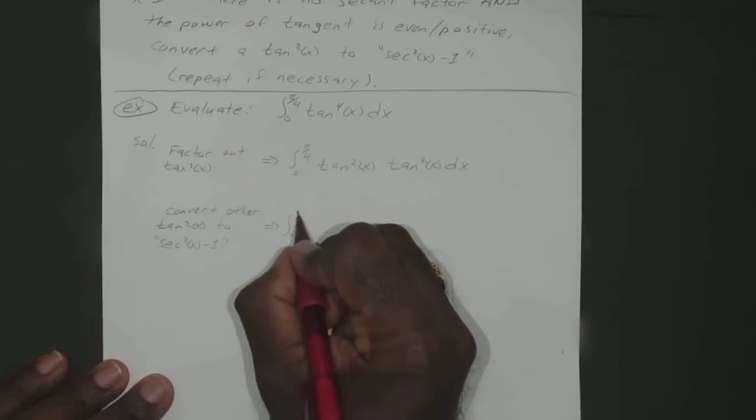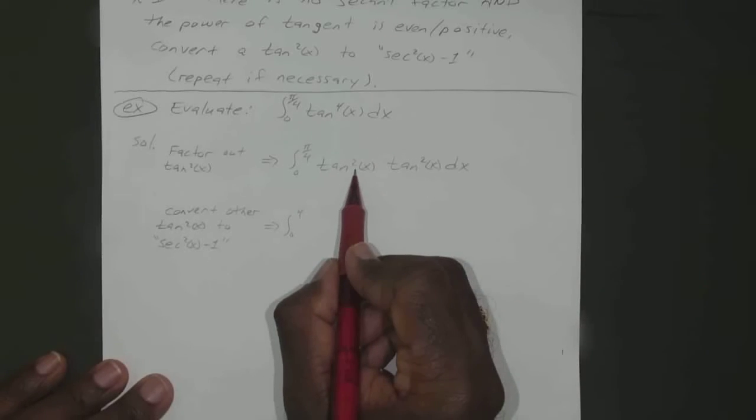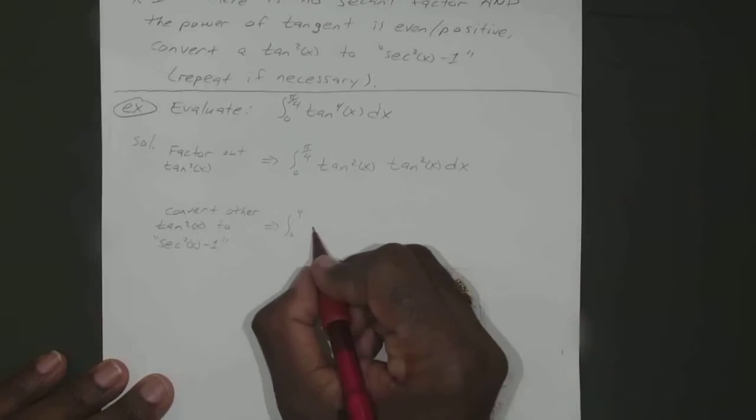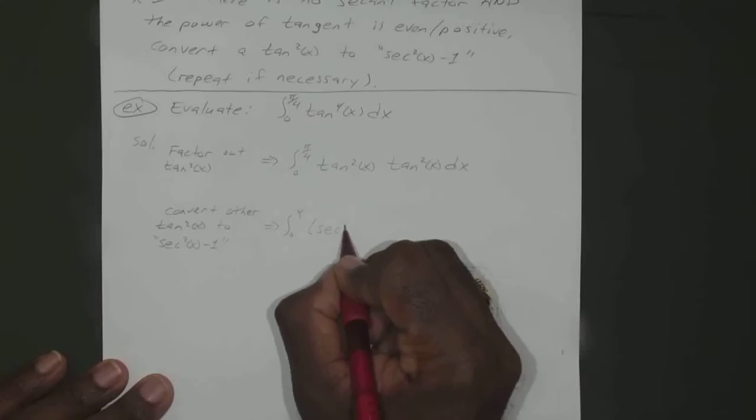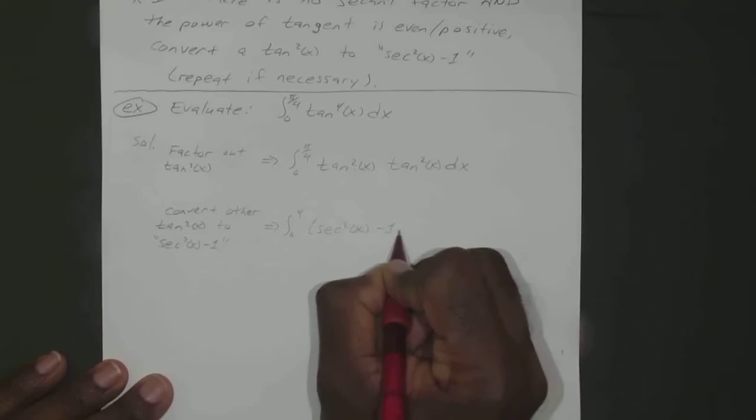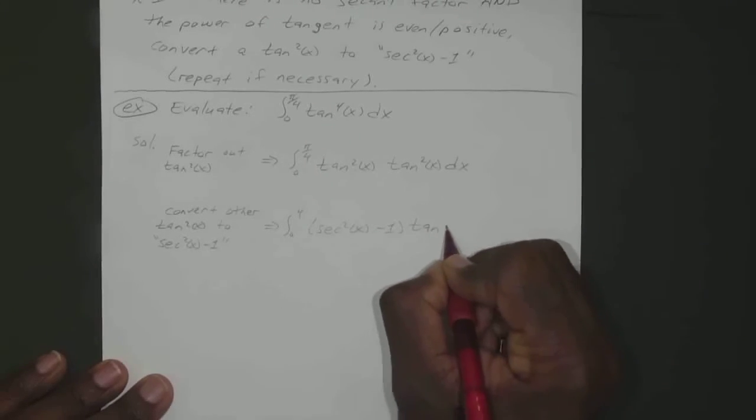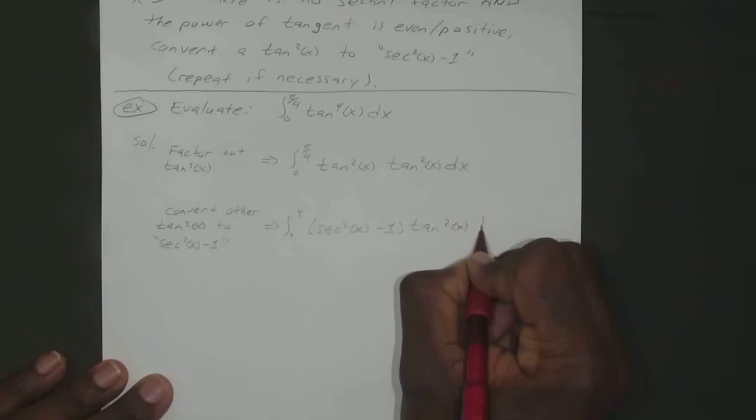So you have your integral from 0 to pi over 4. So in tangent squared of x, that becomes secant squared of x minus 1 tangent squared of x.